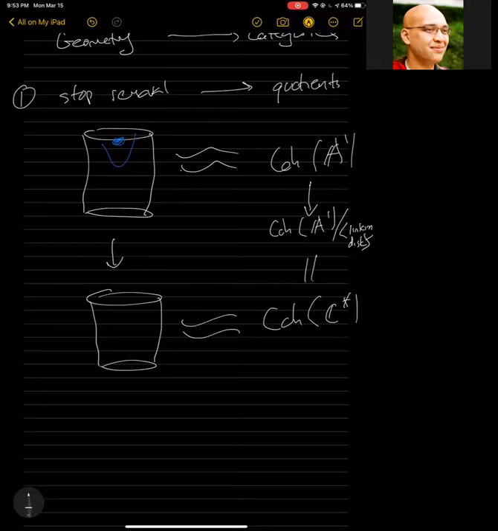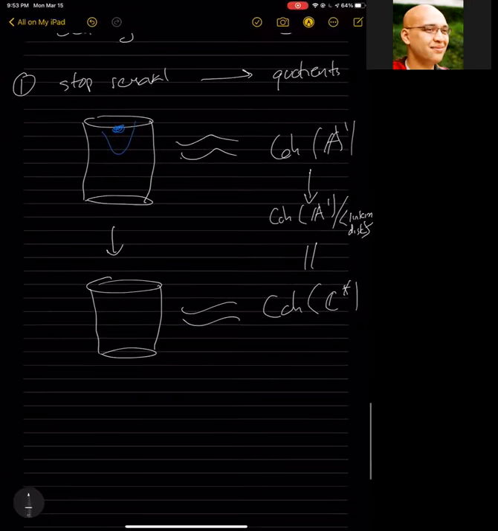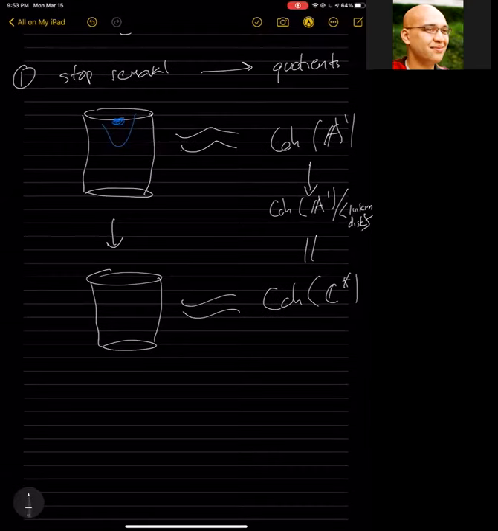And indeed, the quotient of coh A1 by the subcategory generated by the structure sheaf at the origin is modules over whatever's left, namely C star. So from this general principle, knowing the mirror symmetry with the stop implies the mirror symmetry without the stop.